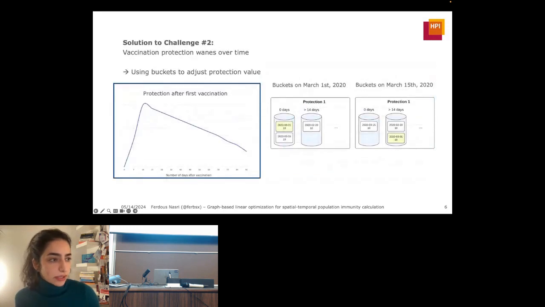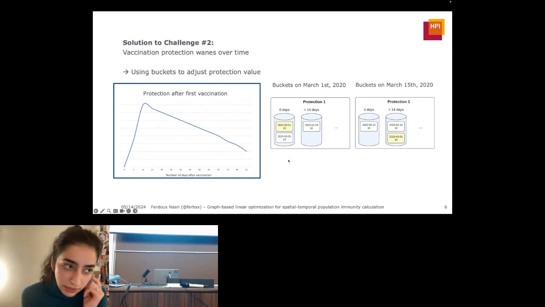So on the right, you can see that we, for example, create two buckets here. For the first 14 days, we put vaccines in the first level of immunity, so to say, and then move them to the next after 14 days, which are each given a different level of protection or immunity, depending on how good the vaccine is.